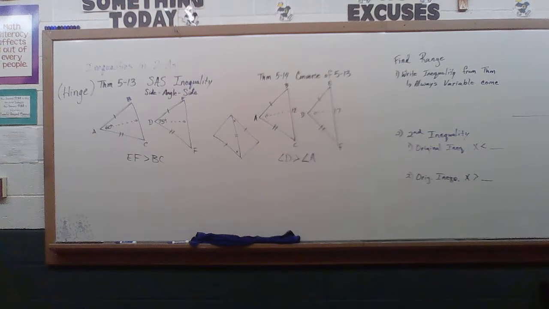So I'm looking at the sides opposite, and what would have to be bigger than the other? AD has to be bigger than DB because 70 is bigger than 68. Make sense? Okay?